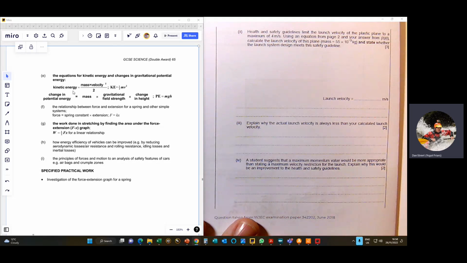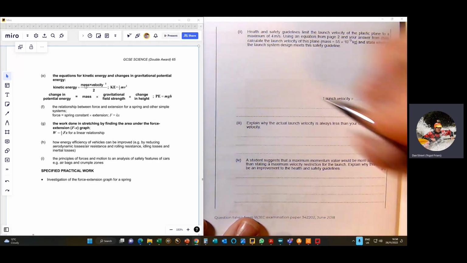So if we have a look over at the syllabus, we'll find that this equation here involves velocity. Okay, so velocity is mentioned, energy is mentioned. It's called kinetic energy here, but we've just calculated the energy available to be turned into kinetic energy by the spring, and we've been given the mass in the question.